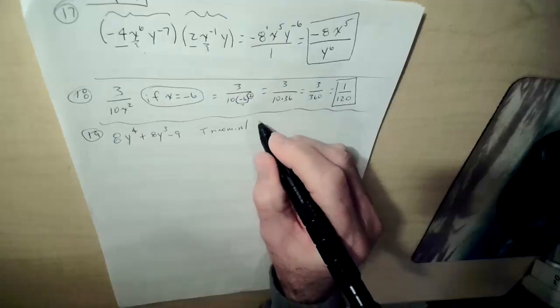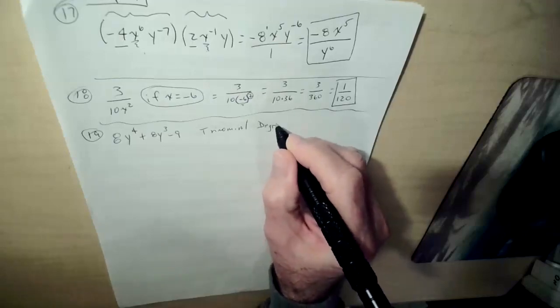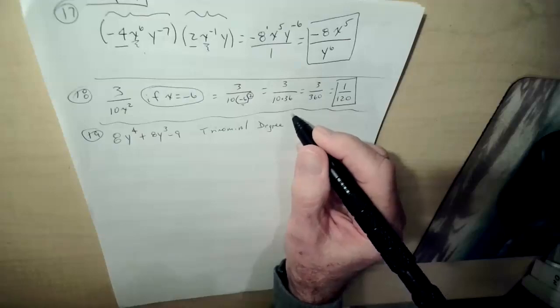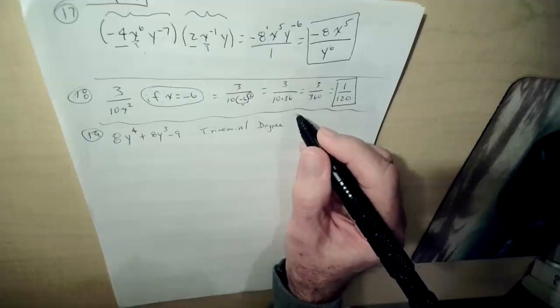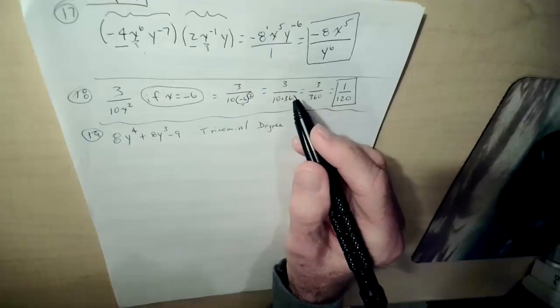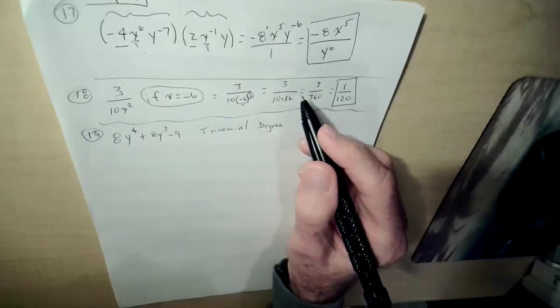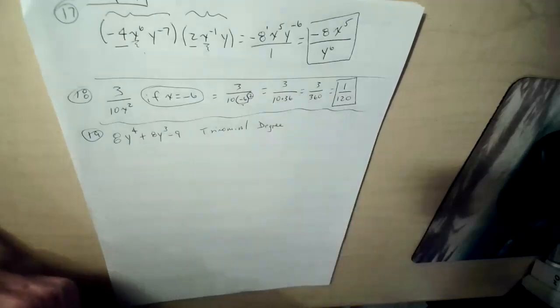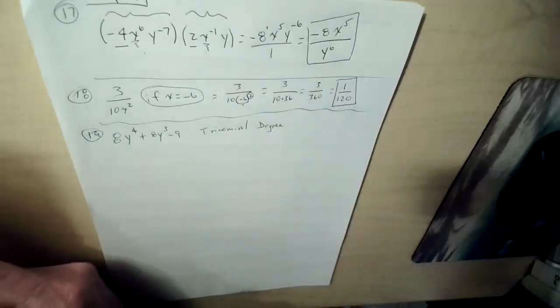And the degree, I don't think we did this. The degree is the sum of the exponents. So the degree is... oh no, they're asking you for something. Let me see, what are they asking you for?